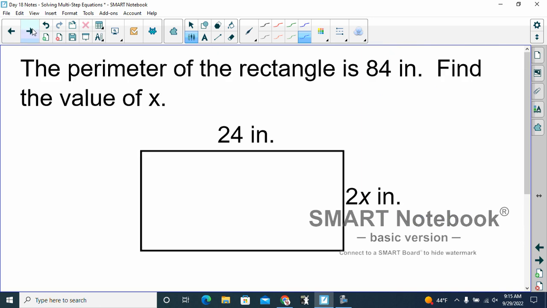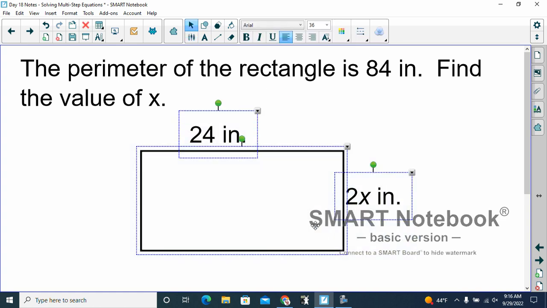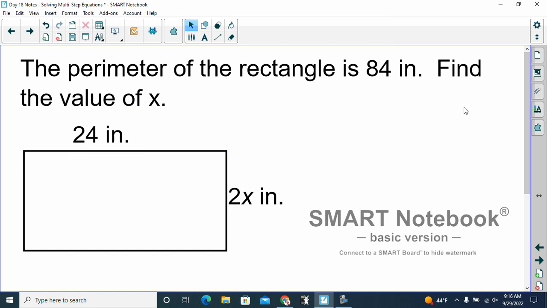And then the last problem today, it is a story problem. It gives us a rectangle. And it tells us the perimeter of the rectangle is 84 inches. We know the length of the rectangle is 24 inches.